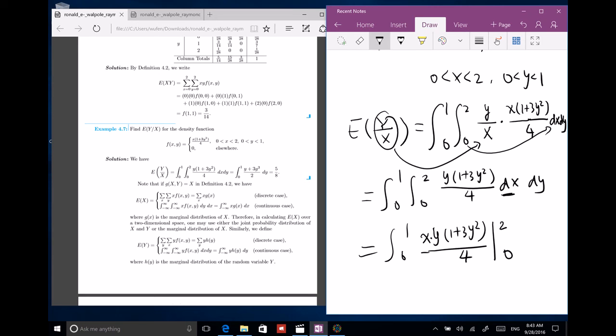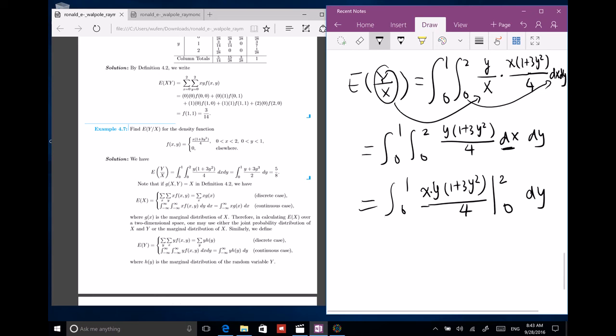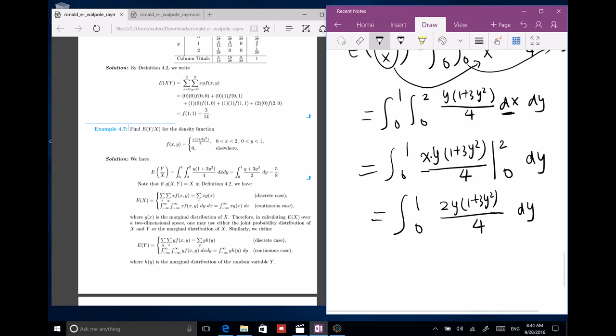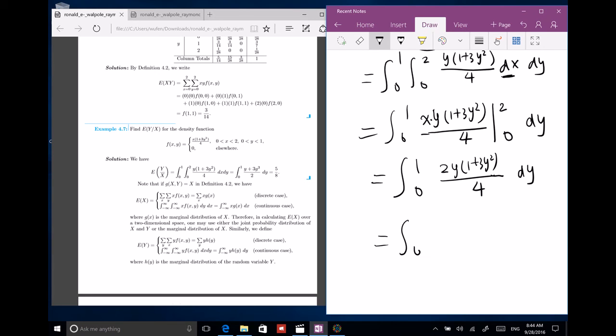Plugging 2 in gives 2 times y times 1 plus 3y squared over 4, and plugging 0 in gives 0, dy. Then we reduce it, and it is y plus 3y cubed over 2, dy.